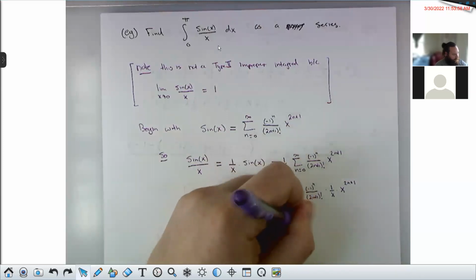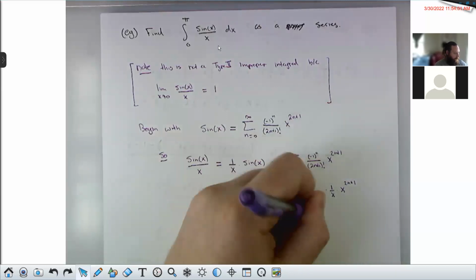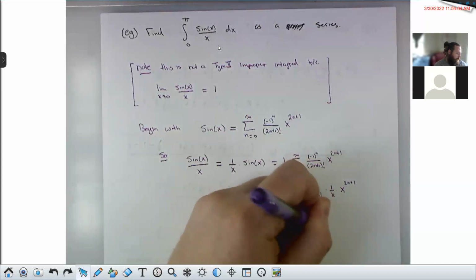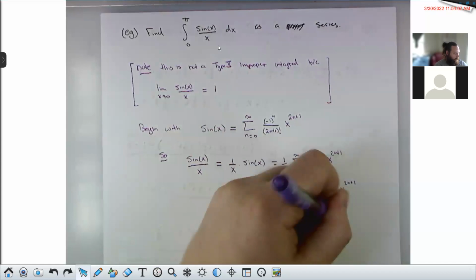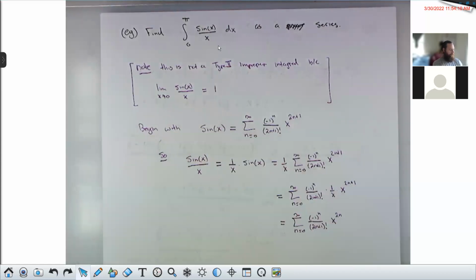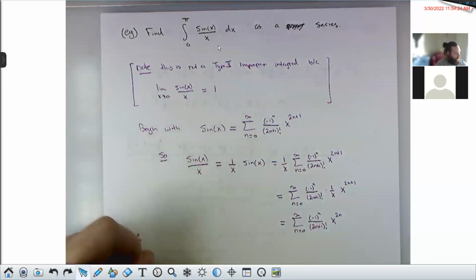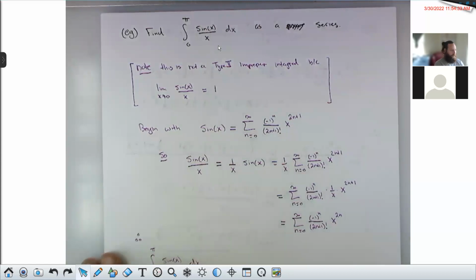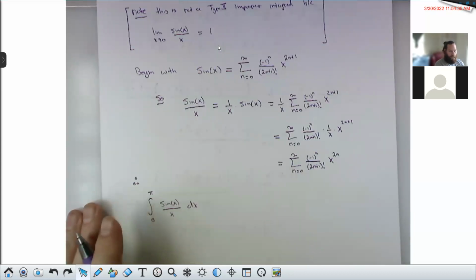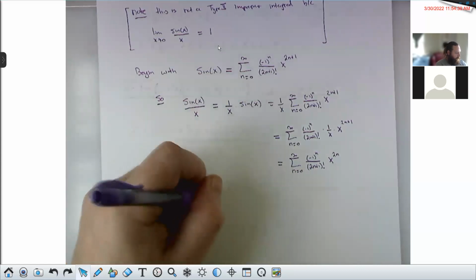So that gives me the sum from 0 to infinity, -1 to the n over 2n plus 1 factorial times x to the 2n. Therefore, the integral from 0 to pi of sine x over x dx is the same as the integral from 0 to pi of that series.